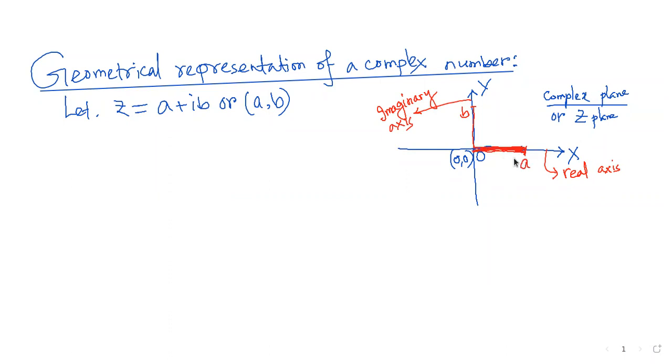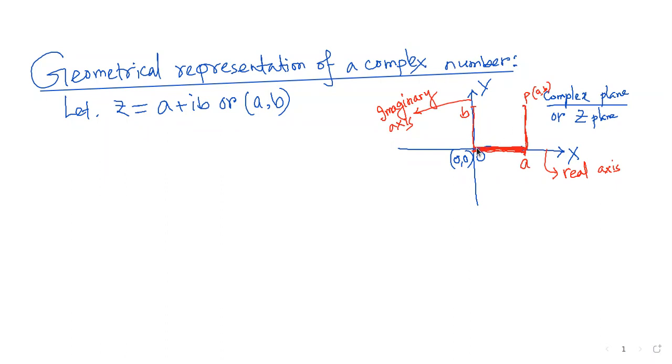For this reason, this is the real axis and this is the imaginary axis. This is a and this is b, so we can write this point, for example, P as (a, b). This is the abscissa and ordinate.